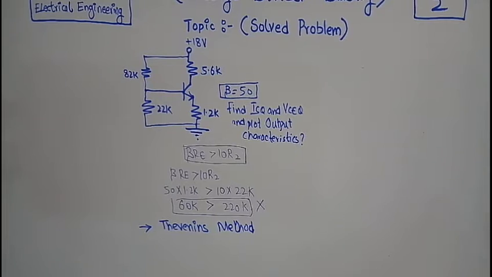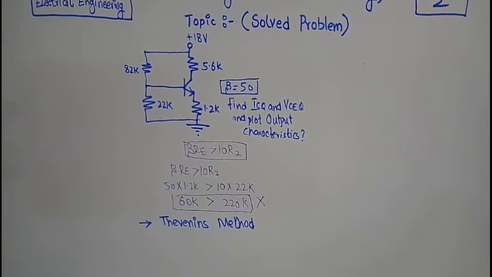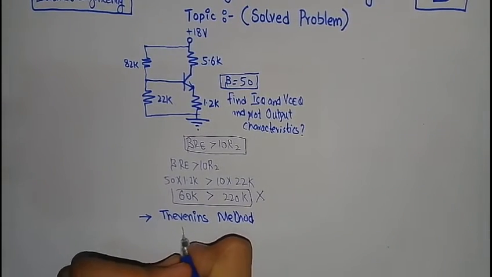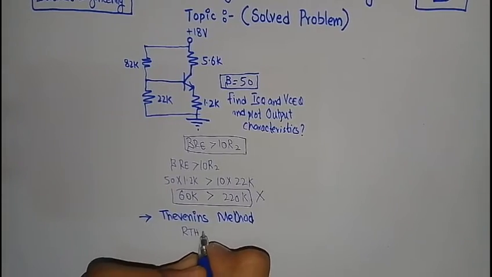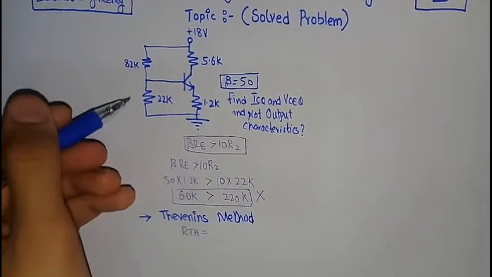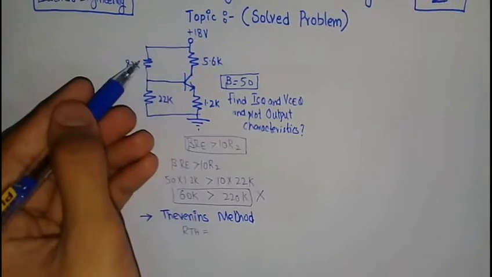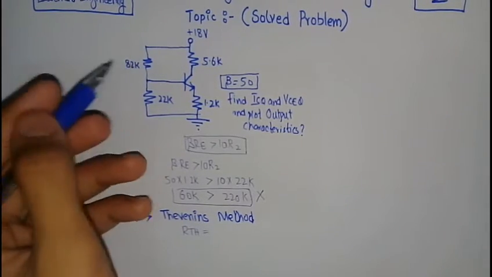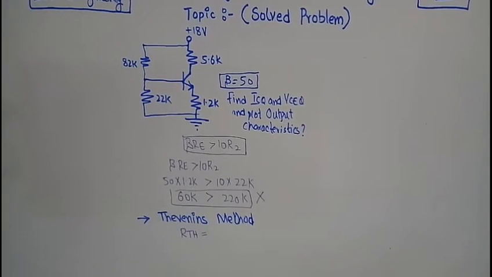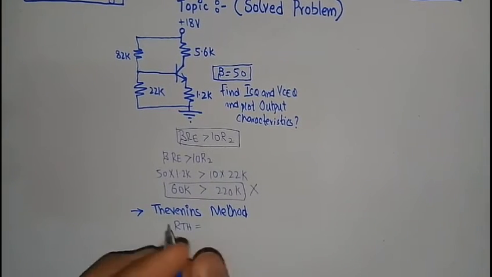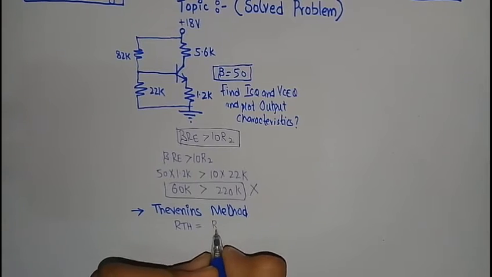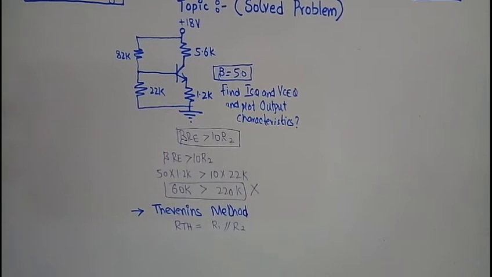In Thevenin's method, first of all we will have to find R Thevenin. R1 and R2 are in parallel combination, and the voltage drop is across both of these resistors. So first of all we will find R Thevenin from the circuit. R Thevenin is calculated from R1 in parallel with R2.